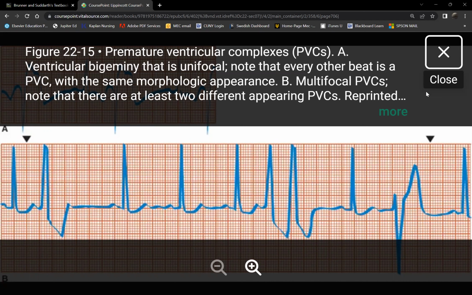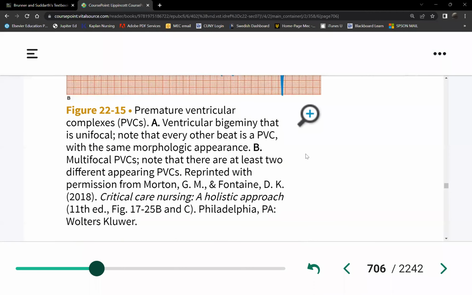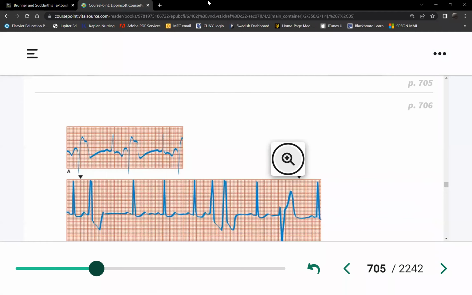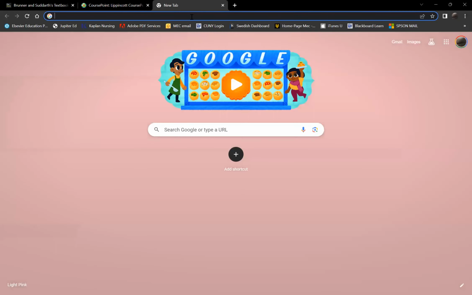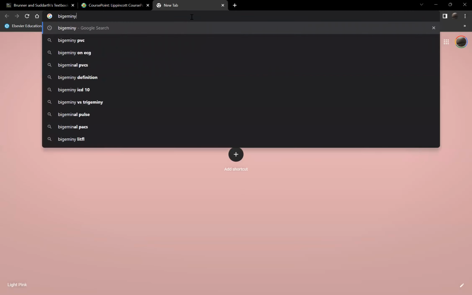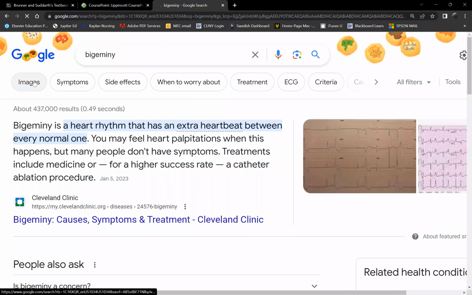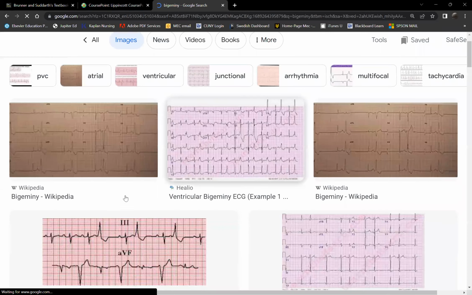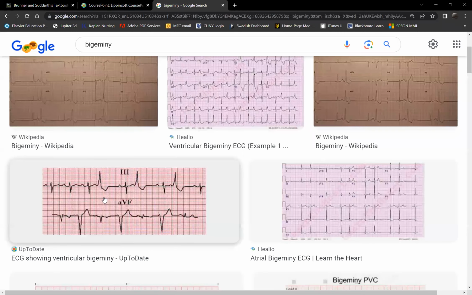Okay. Now there are also patterns to this. Let's say if it occurs every other beat, we call it a bigeminy. So many patterns to PVCs. So this one, look at this. This is sinus, PVC, sinus, PVC. So every other beat is bigeminy.